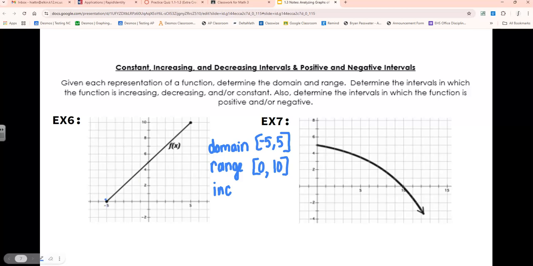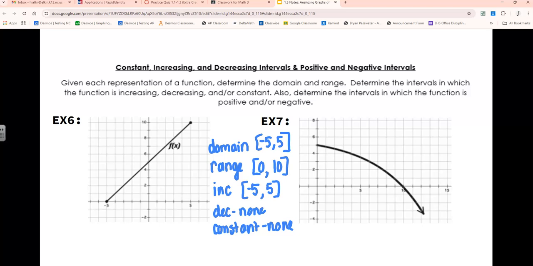It increases here from x value -5 right here, and it increases all the way over here to this point, x coordinate +5 for that. There is no decreasing, so it would be none. There's no constant.